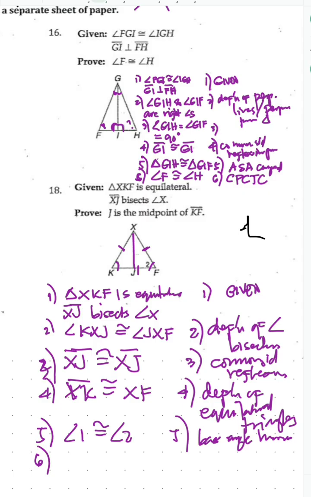Okay. So that means triangle KJX is congruent to triangle FJX by XJ bisects. This angle is also congruent to KJ.